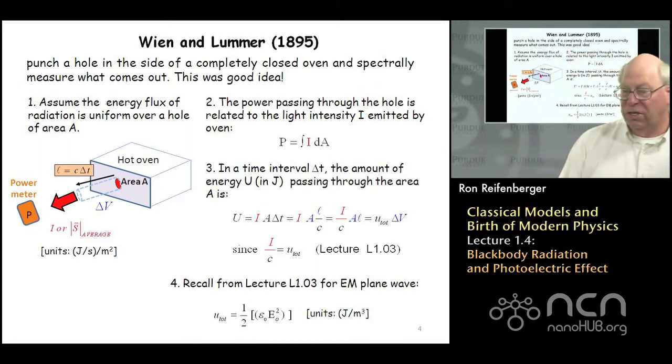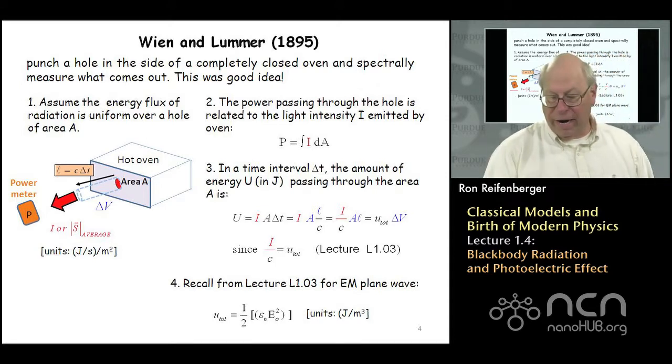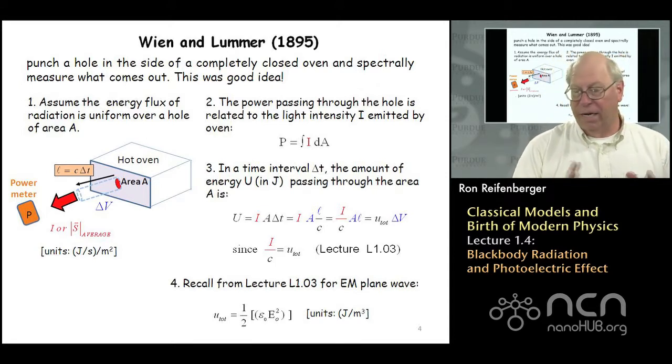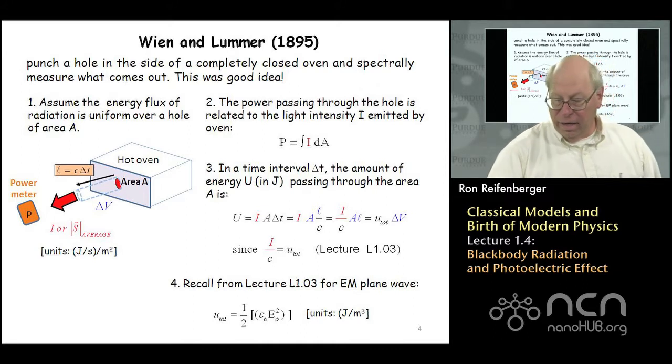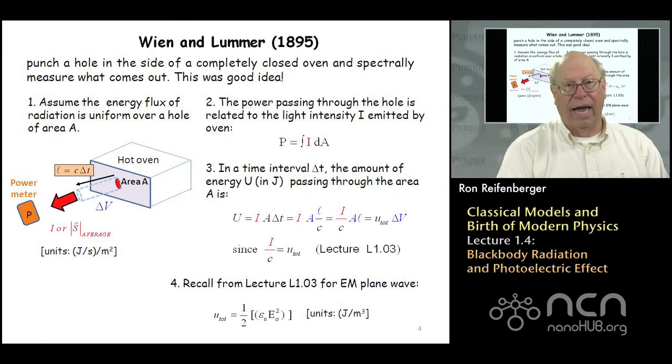The idea is pretty simple. It goes back to our discussion in the previous lecture. If you collect radiation for an amount of time delta t, then the length that radiation travels is just the speed of light c times the time interval delta t.